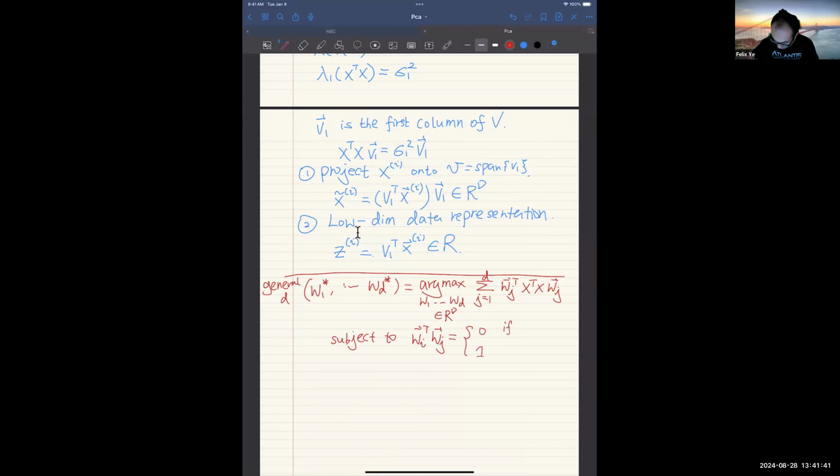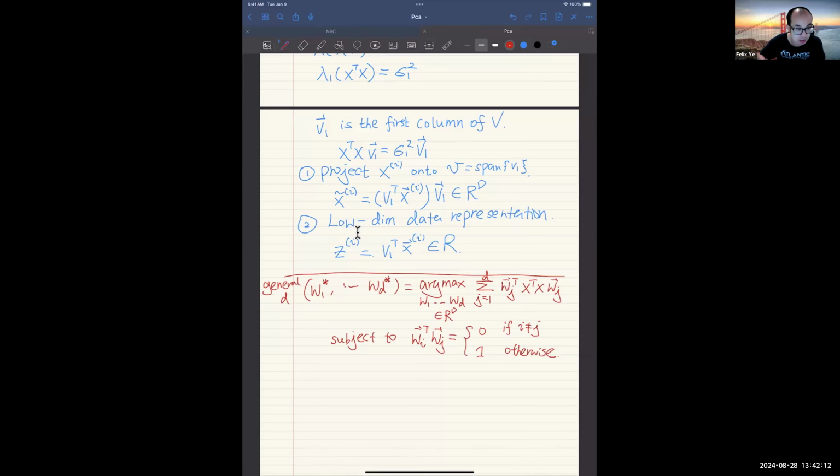If i is not equal to j, that will be 0. Otherwise, that will be 1. So this is the general optimization. We talked about this. When d equals 1, we proved w1 star is nothing but the v1 right here. For the general one, I'm not going to prove it, but let me just state the solutions here.